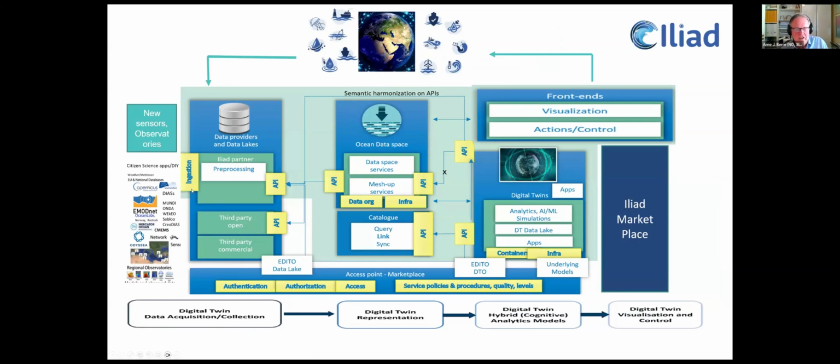The data gathering, the link to the real world, so the target entity, as it's called, typically with observations and sensors, and then bringing that into a digital twin representation for the further analytics, modeling and simulation, and visualization and control, and also to provide feedback and actions that can be policies, other actions taken that eventually will impact the target, and we will monitor and see the consequences of actions that have been taken.